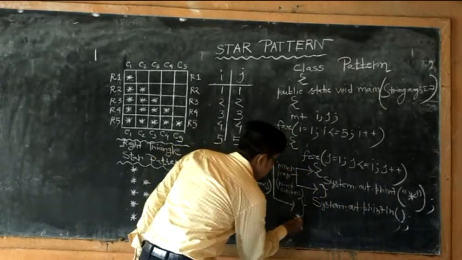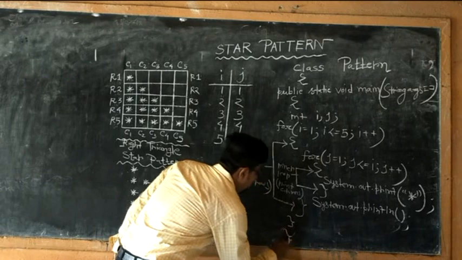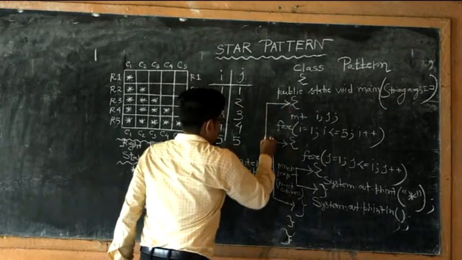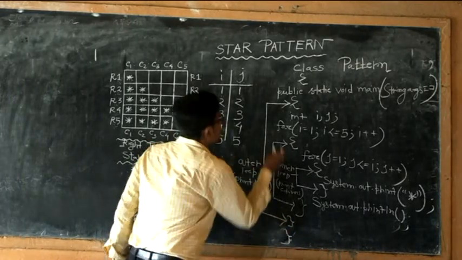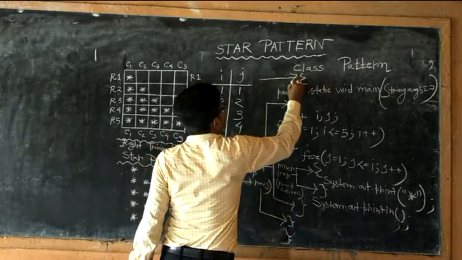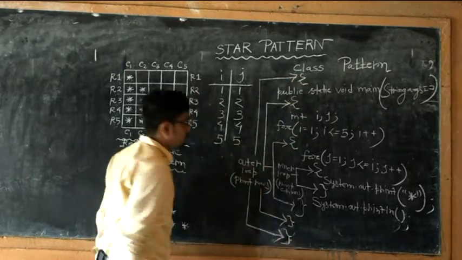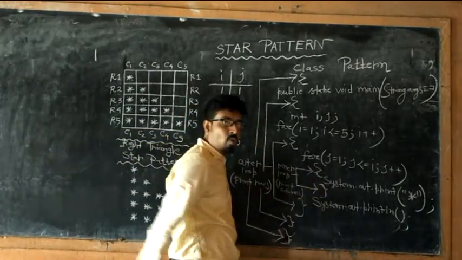Now students, main close, class close. This one is the main function. Now this is your class. I have given the class closing also. All are individual blocks. This one is the inner for loop block.